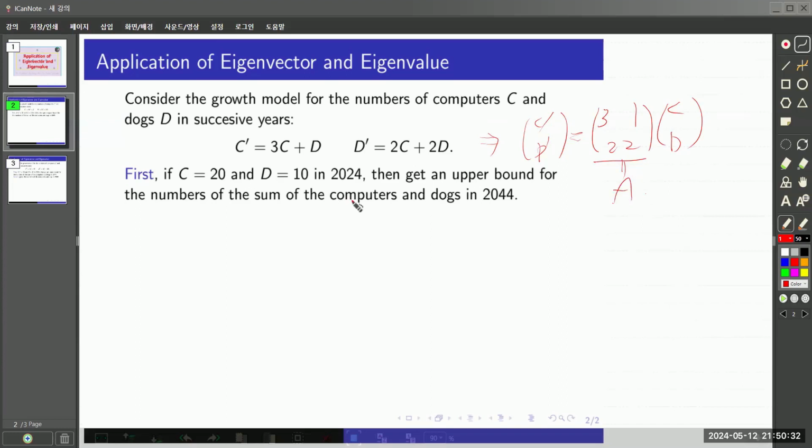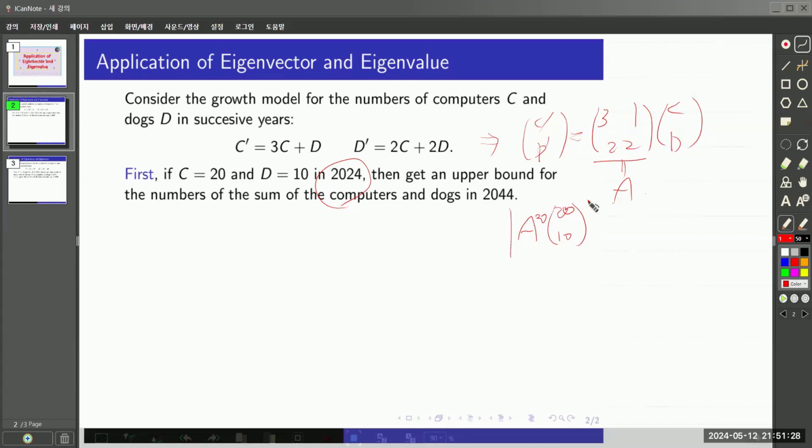Here, we actually want to know A to the 20 times the vector (20, 10). We just want an upper bound for the sum of the numbers of computers and dogs in 2044. So you may think about the sum norm of the matrix.